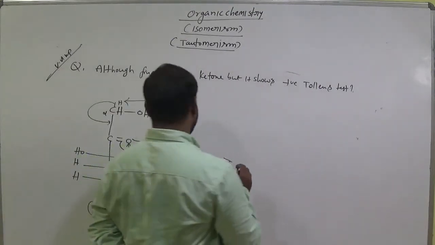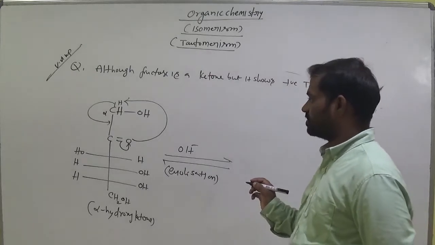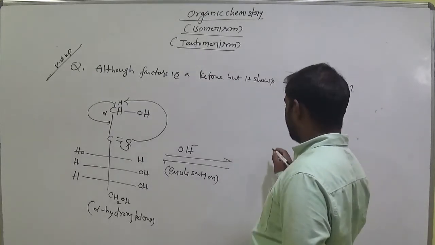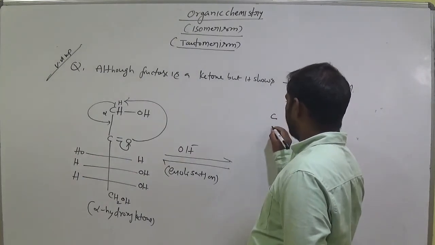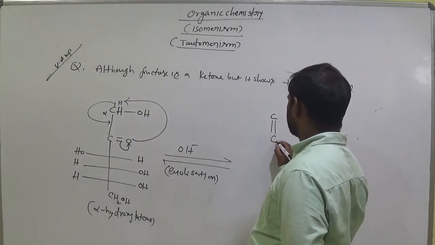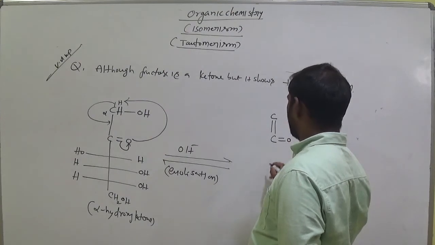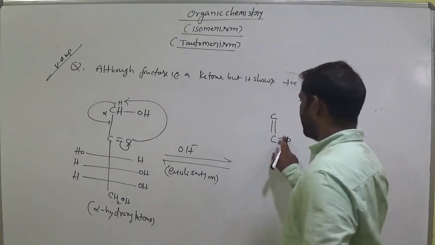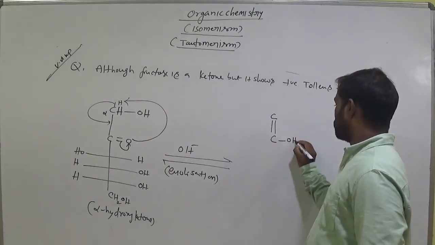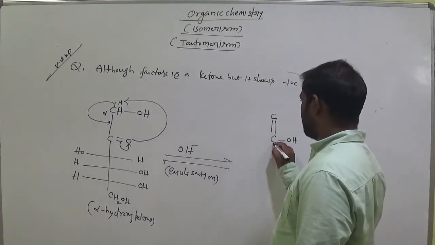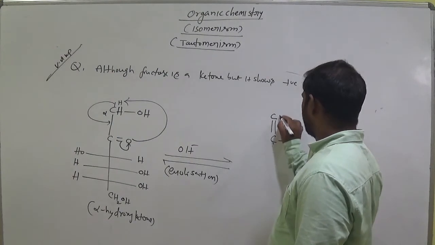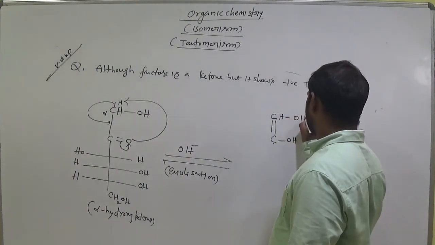Now what is the expected product here? The expected product is C double bond C, with OH. One bond is broken here. This is OH. Okay, clear? And this is CH2OH.